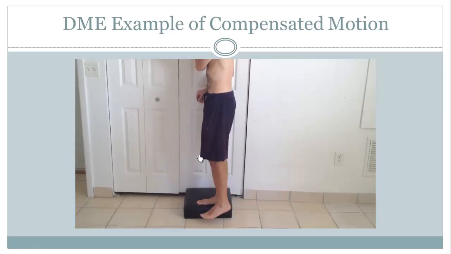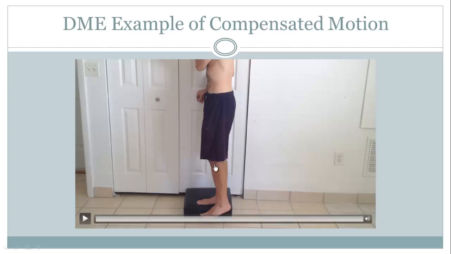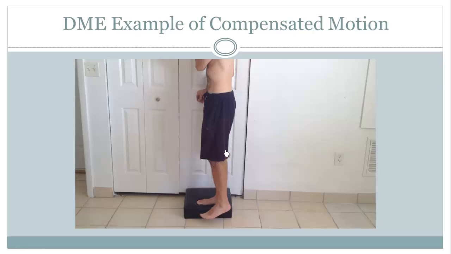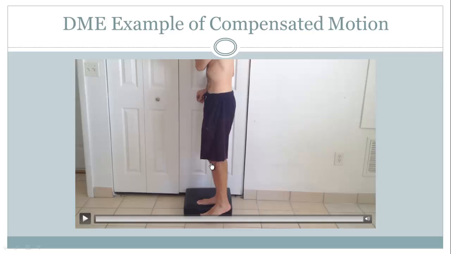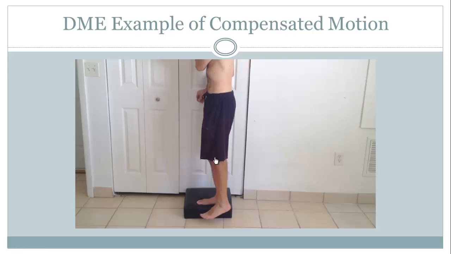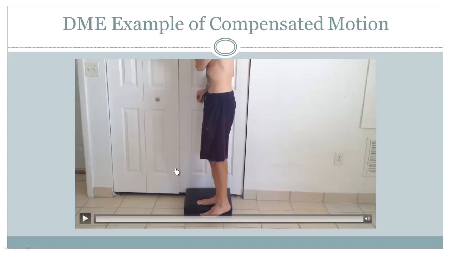This is open chain activity. The motion begins just distal to the knee. And when a compensation occurs relatively soon in the range of motion for the hip extension, if it is structural, and we don't know because this is not active passive range of motion, the dysfunction is occurring right around here.